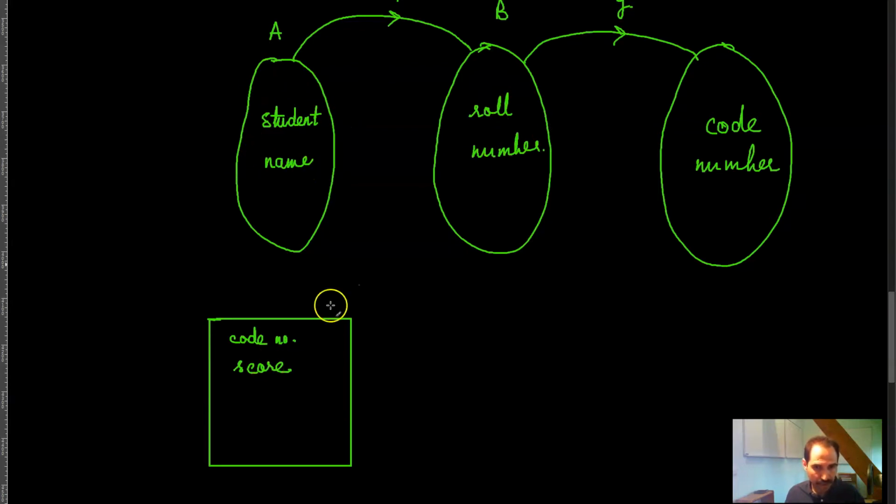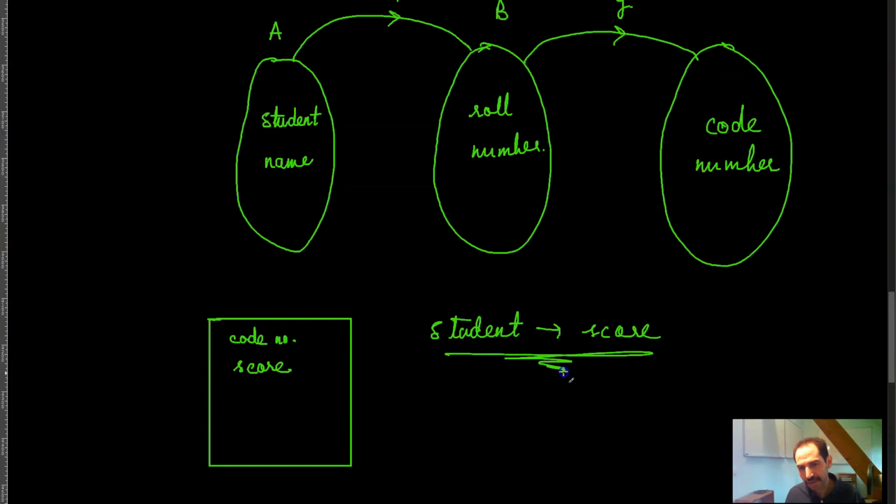So then that score, which was related to that specific roll number, will be given to a specific student, and that way, after going through the inverse of G and the inverse of F, going in the opposite direction, a student gets a score. That's basically how they do it, right?